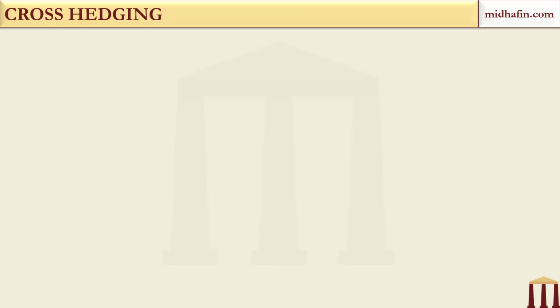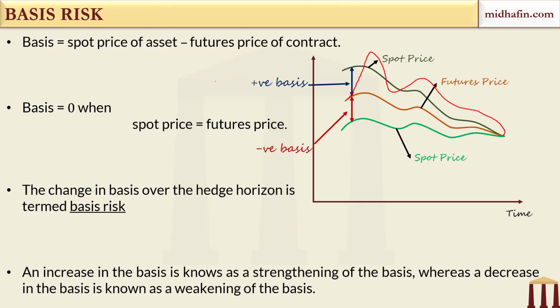Again, I'm saying the line between spot and futures will be decided by the market, by the forces which I just discussed for natural gas. Whether you are in a short position or long position, whether the basis is positive or negative is not decided by that. This diagram is exactly the same for the long as well as the short position. The only difference is that one of them will have a profit, the other will have a loss.